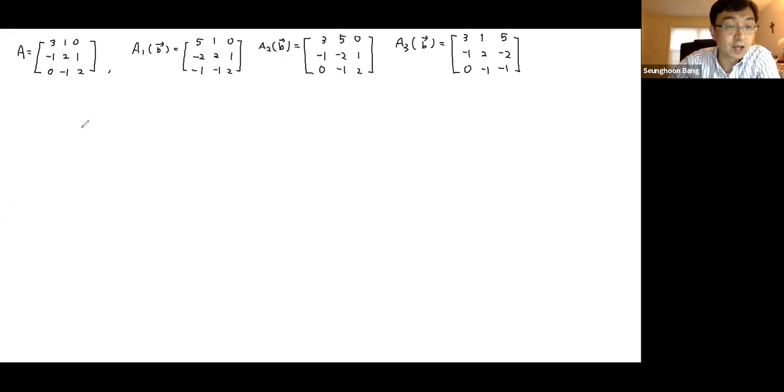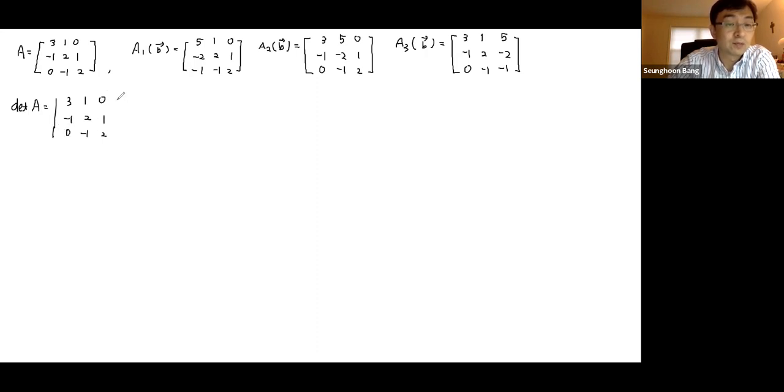So you can calculate the determinant of A. Here we can calculate: 3, 1, 0, -1, 2, 1, 0, -1, 2.